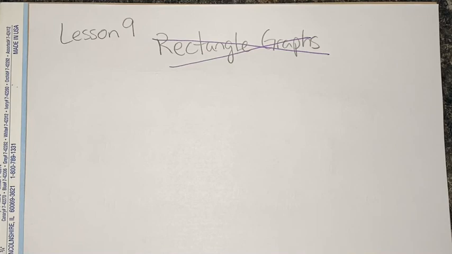So you're still required to do the homework for that lesson, please. You just do not have to do the rectangle graph number 29 or, what was it, 1 and 2? Oh, sorry, dropped my pen. Problem number 1. So you do not have to do problem number 1 or problem number 29, but you do have to do the rest of the work for this section.